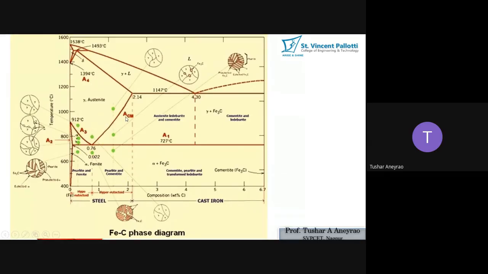You don't need to go into the liquid region if you need to change the properties of the steel. Why? Because austenite is present up to 2.14%.